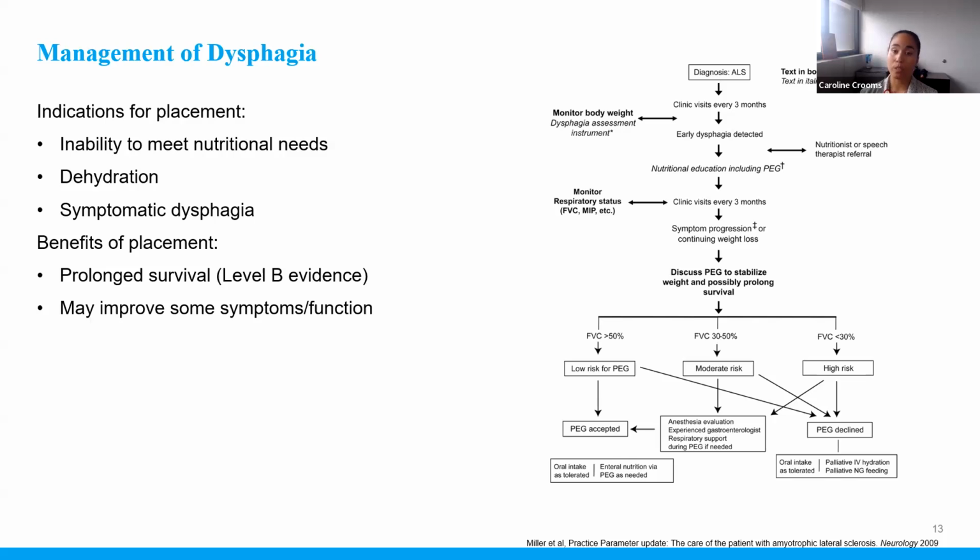There can be a rapid course, can be slow progression. And I think it's important to keep in mind that everybody is different. And although ALS is a more or less universally fatal diagnosis and usually has a prognosis on the order of short years, some of the treatments that we're discussing are life-prolonging.